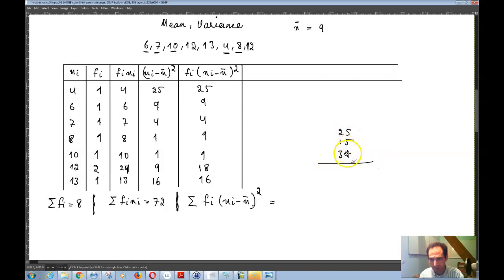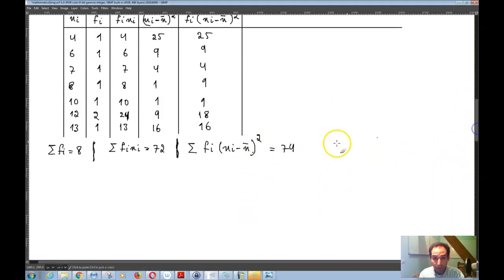So you have 10, 14 here, 1. So you have 2, 4 and 74. There was 74 there, and sigma f of I is equal to 8.